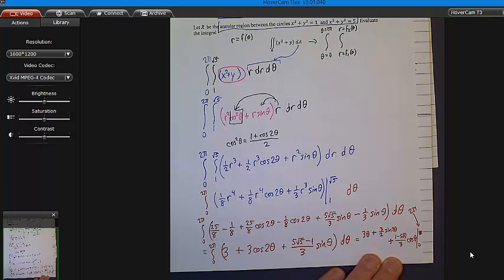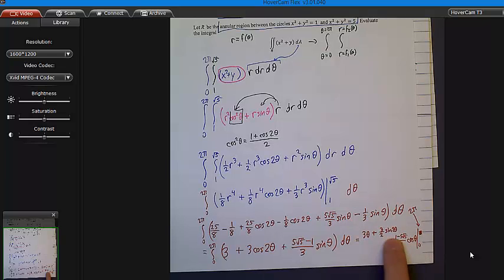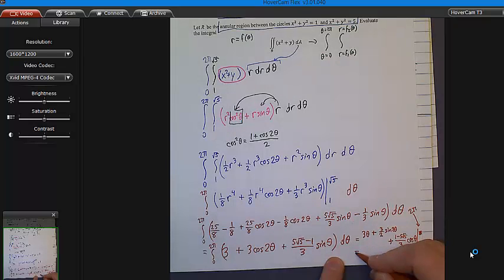Well, wait a minute. Isn't it true that the cosine of 0 is the same as the cosine of 2 pi? And isn't it true that the sine of 0 is the same as the sine of 4 pi? So isn't it true that none of that's going to matter, because I'll be subtracting it off? Good, that means that when I integrated that wrong. 6 pi minus 0 is 6 pi.